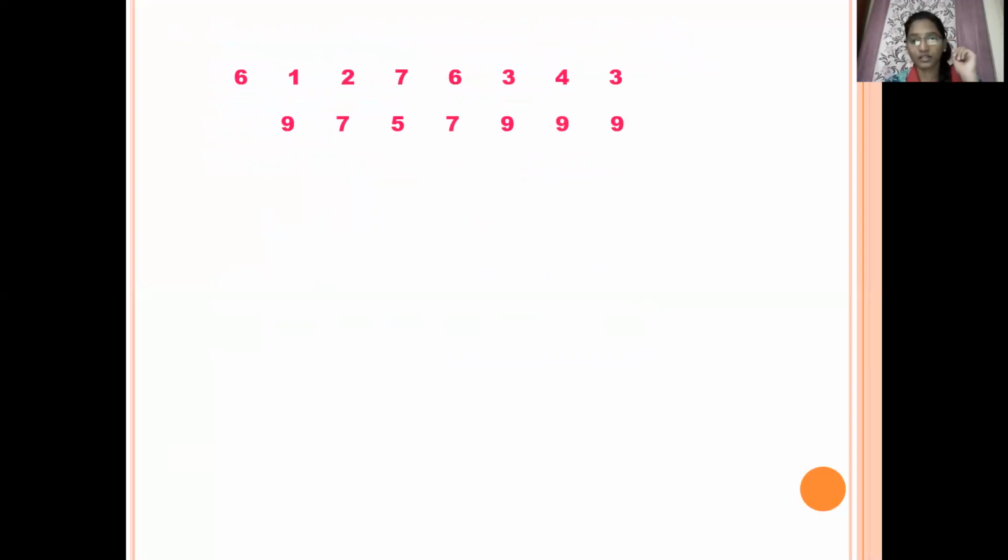Follow these steps. Arrange the given numbers in columns. Second, start subtracting from the ones place. When you have to subtract, you are regrouping the numbers here by borrowing from each place, right?